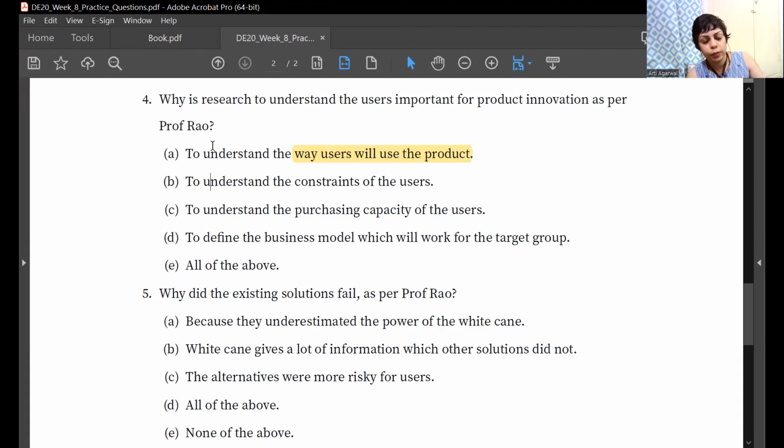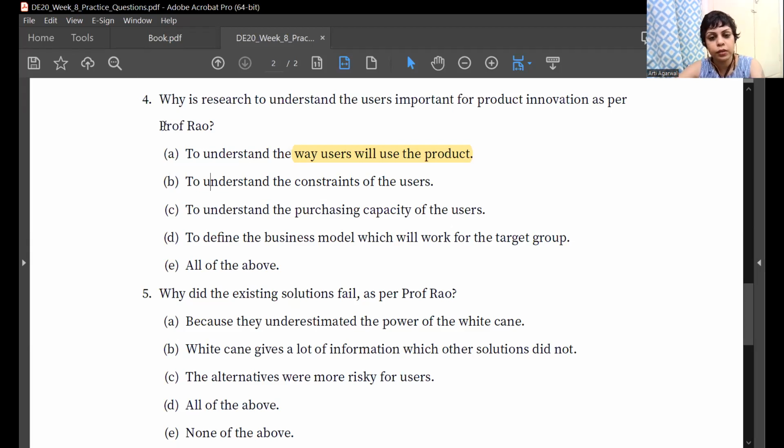Not just in terms of its shape or size, but materials. What kind of materials do I need to put into it? How do I ensure the longevity of the product? N number of things like that. You can get design insights, not just business model insights, based on knowledge about the purchasing capacity of the users.